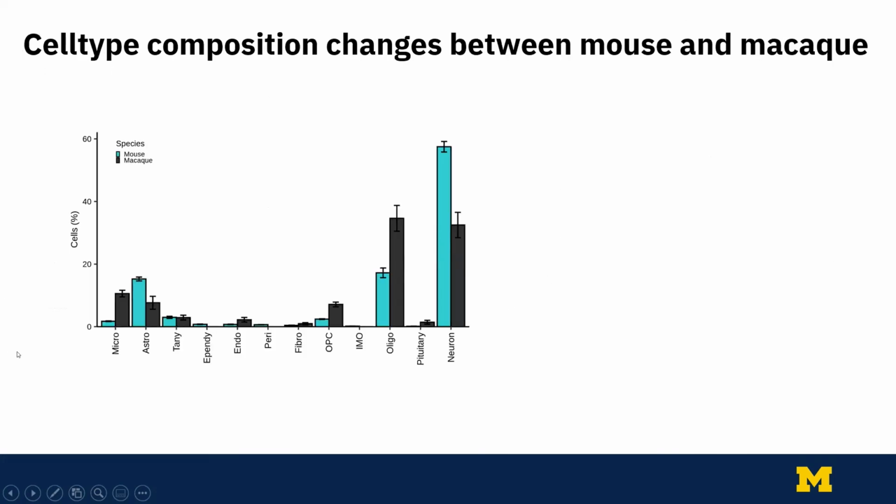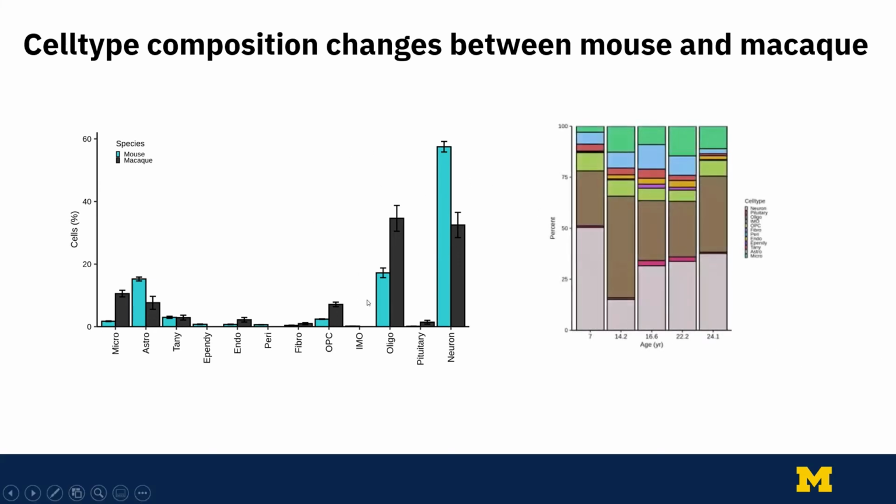One notable difference, though, is that cell type proportions tend to differ between species. The mouse hypothalamus tends to have many more neurons and fewer oligodendrocytes, whereas the opposite is the case in the macaque, where there are fewer neurons and many more oligodendrocytes, indicating that the macaque hypothalamus is likely much more myelinated than the mouse.